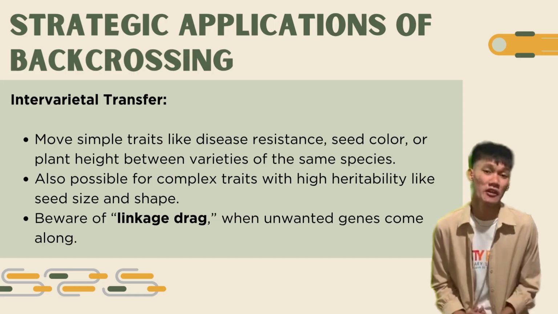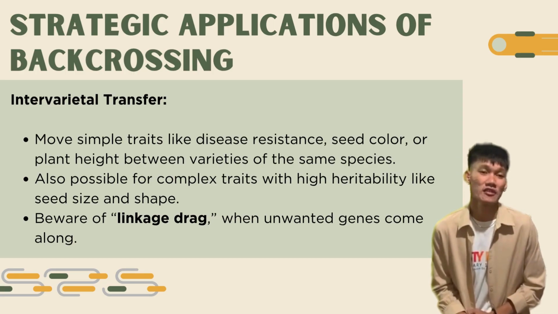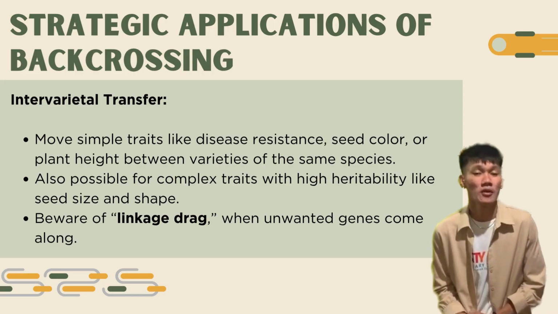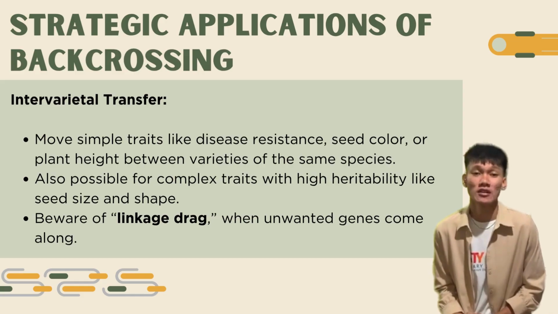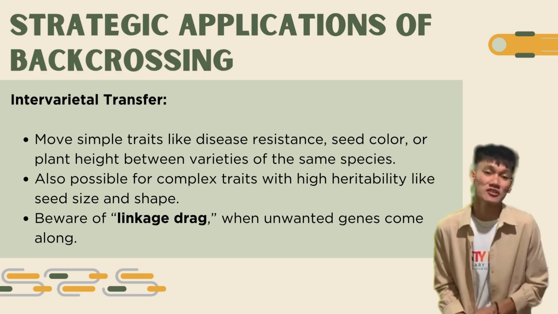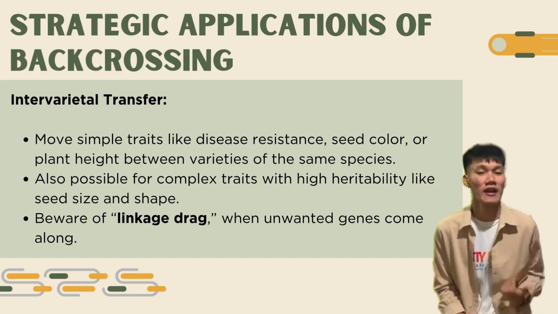The simply inherited or qualitative characters are traits controlled by one or a few genes. The quantitative characters are measurable, and examples are plant height and also high yielding.